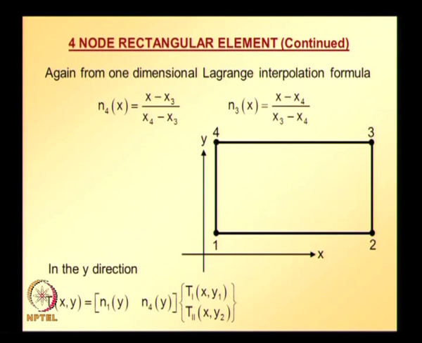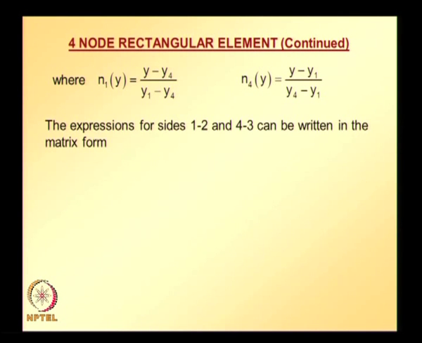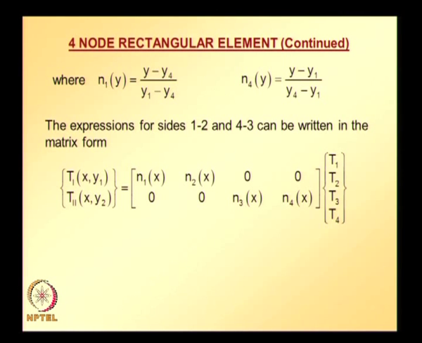And now, substituting T1 T2, and n1 n4 can be obtained by writing one dimensional Lagrange interpolation in y direction. So, that is how n1 and n4 are obtained. Expressions for side 1 2 and 4 3 can be written in matrix form, that is T1 T2 are written together in a matrix and vector form.